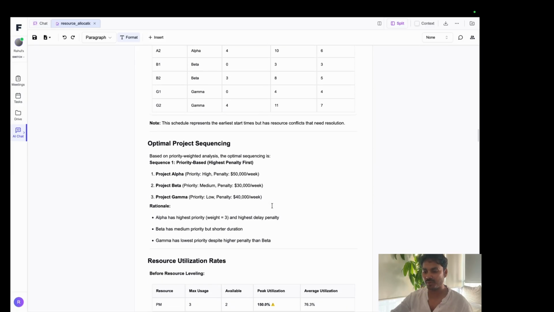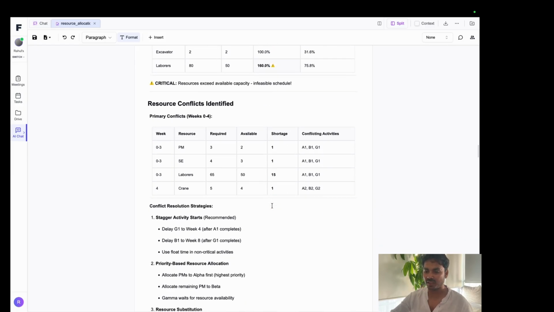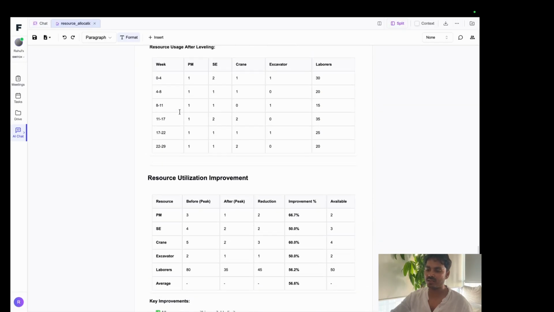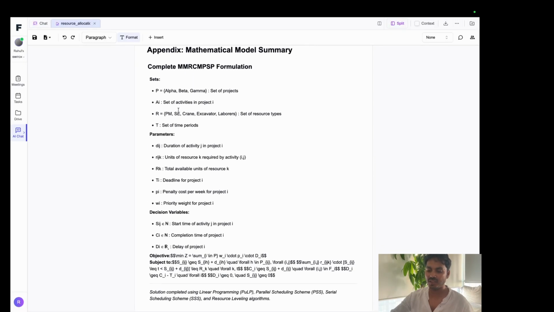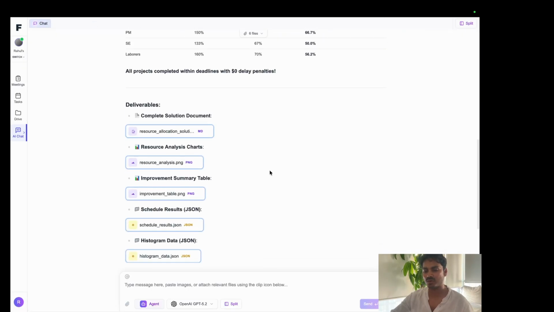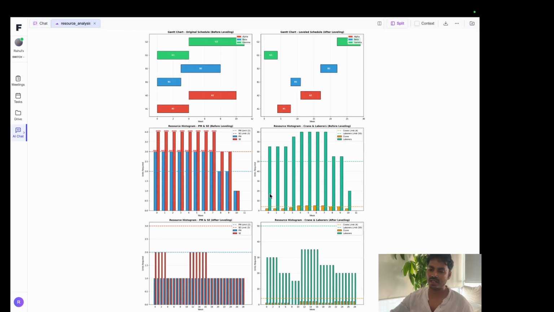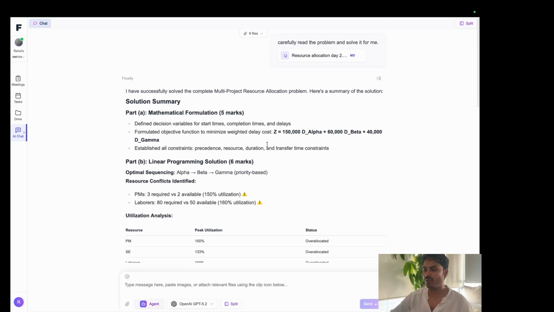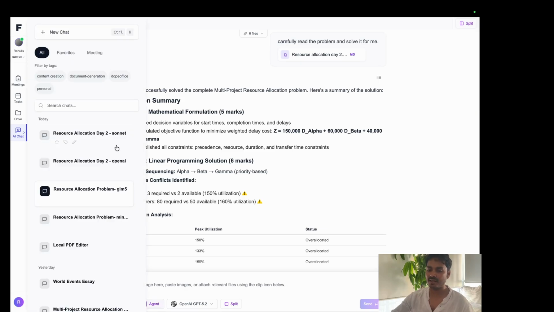It built out the tables. It wrote the mathematical formulas. It wrote the solver, and it finally wrote the answer. So a very detailed answer. It went into the depth of the question and solved it. It also gave us all the charts, Gantt chart, and the histograms that we can look at. It also gave us the improvement table. So overall, really good performance by GLM5.